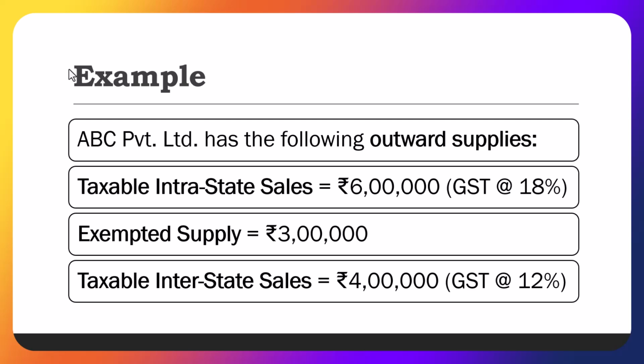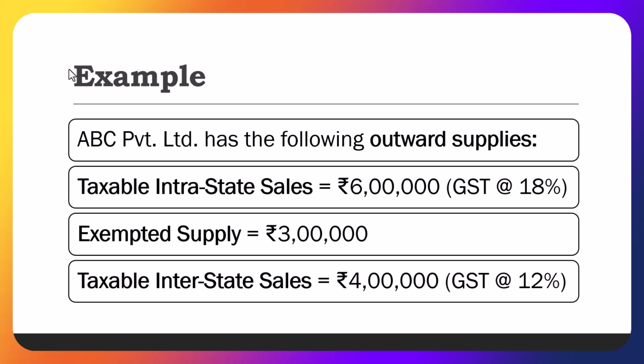So if you use the formula, what should be the formula here for calculating the ITC which has to be reversed? Pranav, Ananya, anyone? Nirdi, are you there, Nirdi? So can you repeat?